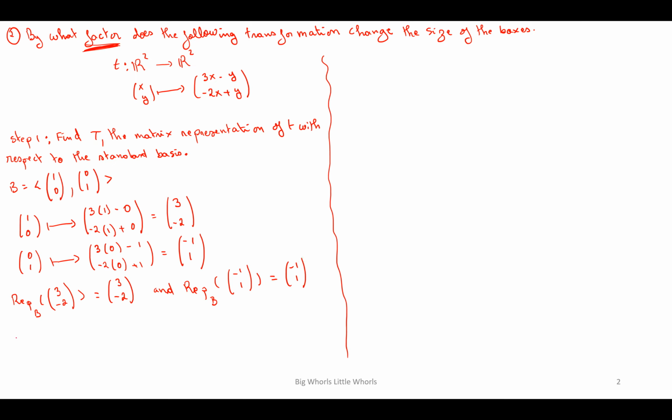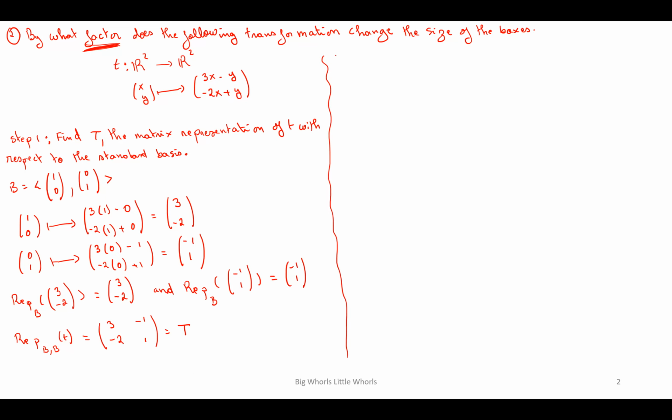So the matrix representation of T, the representation of T with respect to B, is going to be equal to the matrix with columns (3, -2) and (-1, 1). Okay, so this is our matrix T.